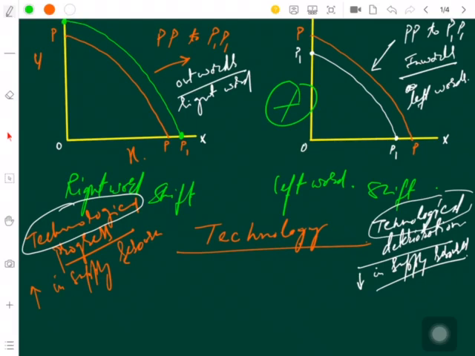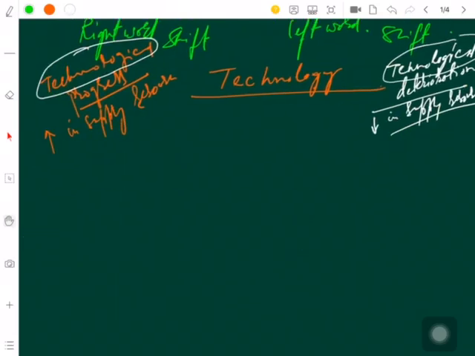There are other possibilities. Let us take a few cases and wind up this production possibility curve topic, which will not only make the curve shift, it will make it rotate as well, or move on one axis only. For that, let us take a few examples. I'll make a few cases. Let us take a few cases.